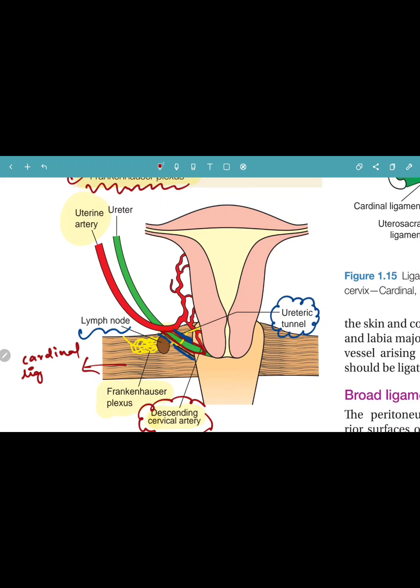You have your uterine artery coming from above, and its descending cervical branch, the first content. Then you have the ureter within the ureteric tunnel, that is the second content. Then you have lymph nodes, and then a very, very important nerve plexus, known as Frankenhauser plexus.